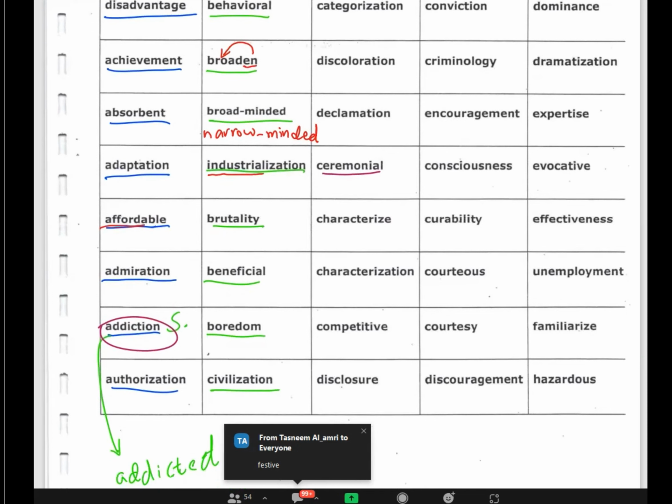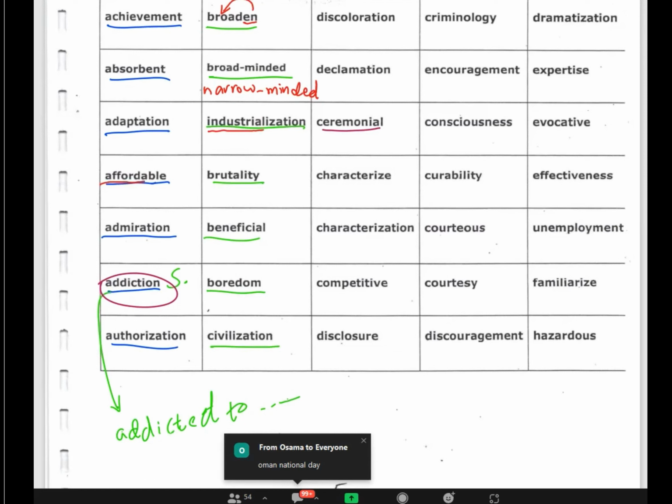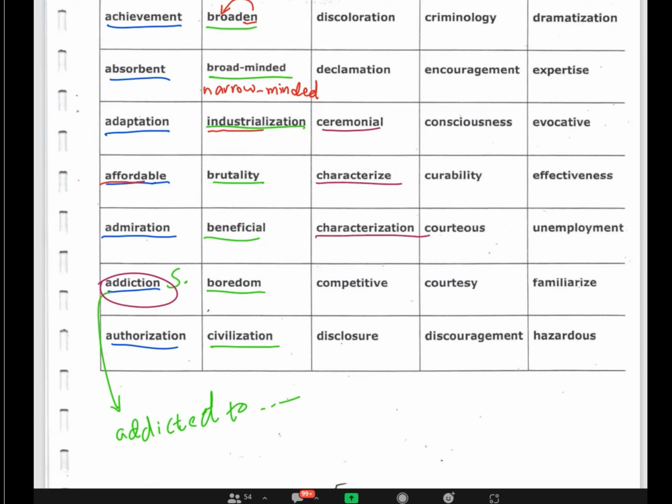Ceremonial occasions. What are some ceremonial occasions that we have in Oman? The two Eids and also the National Day. The National Day. Oman National Day. Characterize, and characterization.